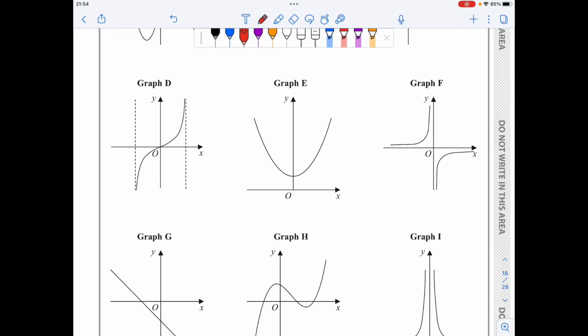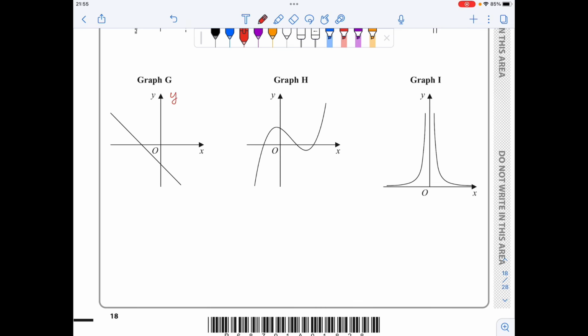Graph D is the graph of tan x. Graph E is a quadratic, so we've got x squared plus various other things. Graph F is a reciprocal function, so y equals a over x, but this time a is negative.